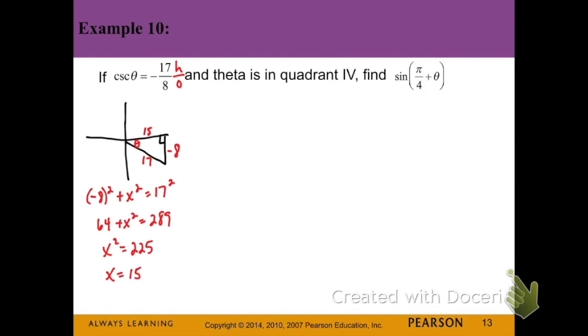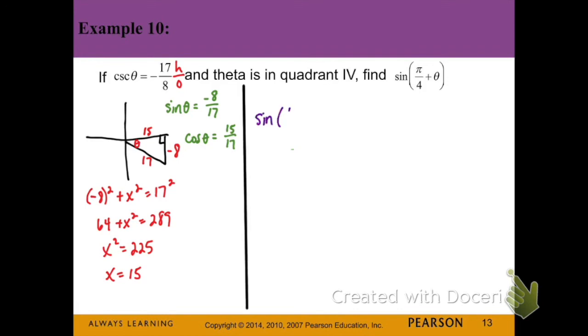That's going to be positive 15 because our x-coordinate would be positive in the fourth quadrant. So now we need to figure out what sine and cosine of theta are. Sine is opposite over hypotenuse, so negative 8 over 17, and cosine is going to be 15 over 17.